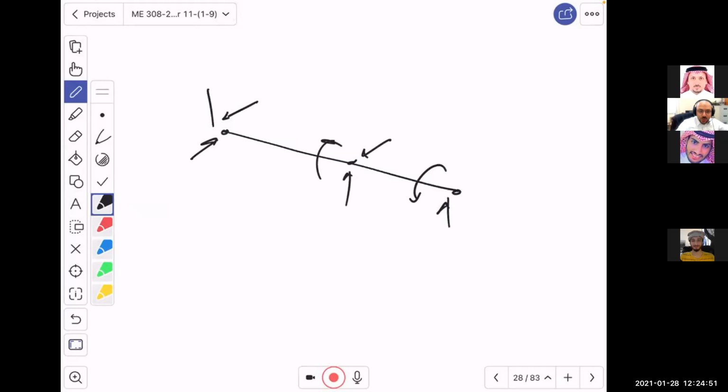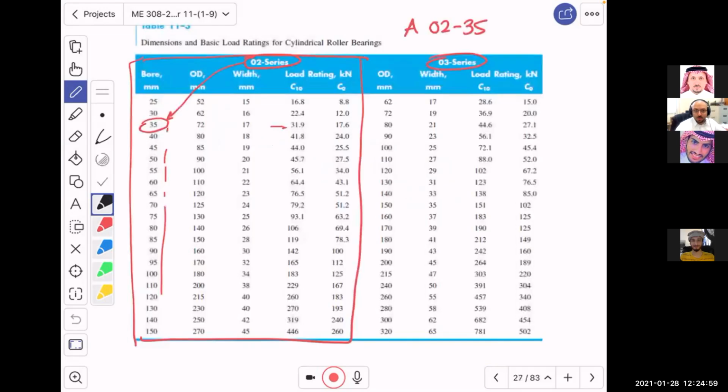Now, when you find the reactions, what you need to do actually is to find the proper bearing. And when you find the proper bearing, as a first approximation, you would say, oh, the diameter is supposed to be, this is the bore size. The bore size is where the bearing is going to be mounted. So you cannot just use yielding, because that won't fit.